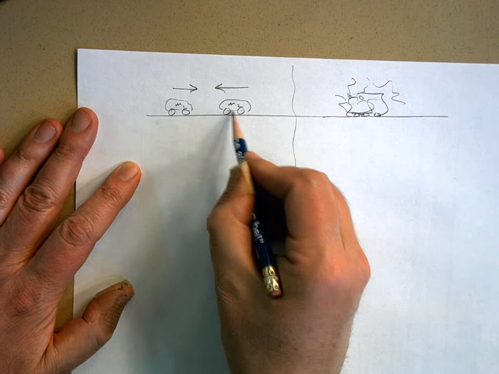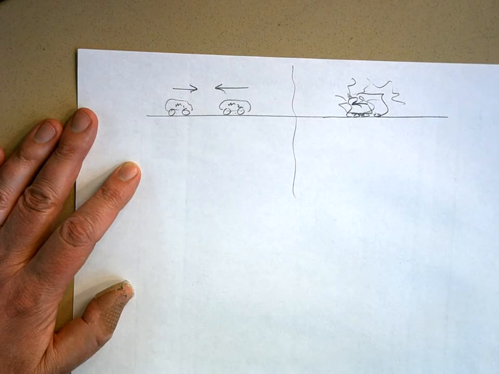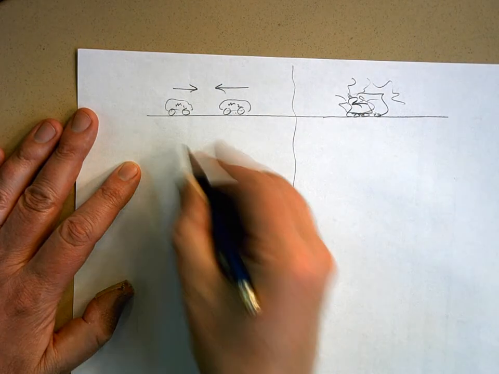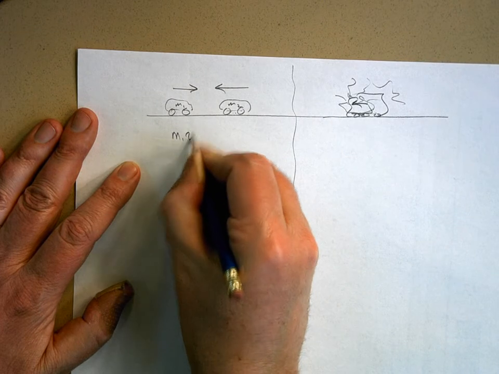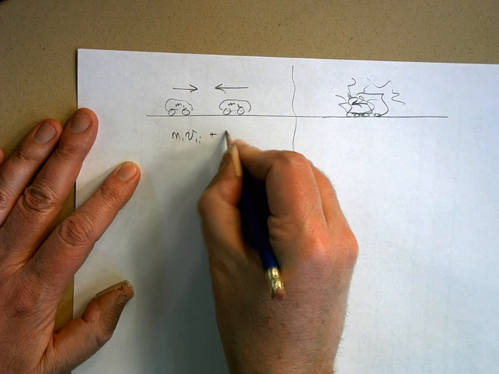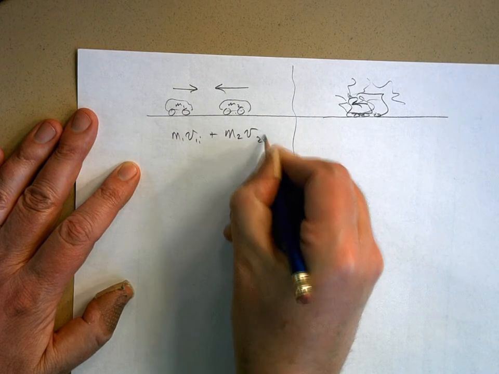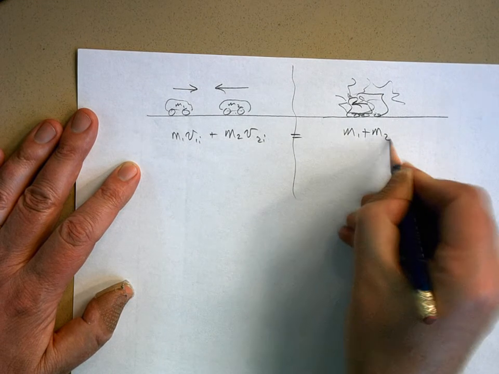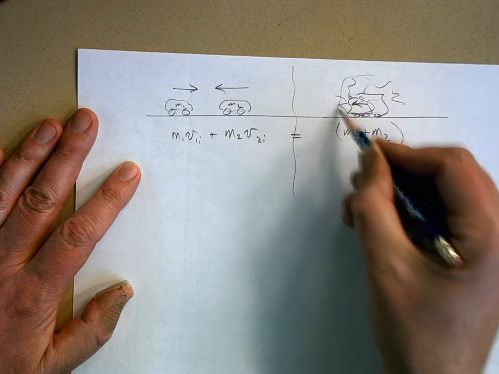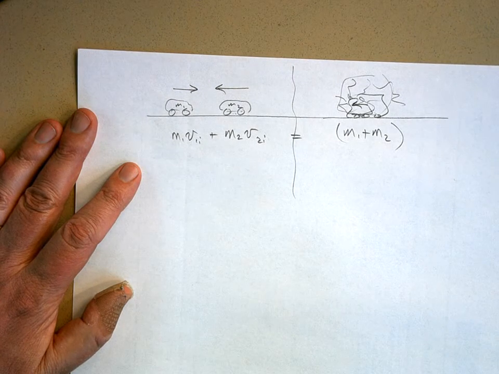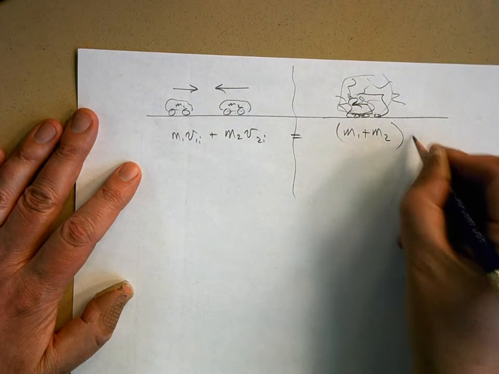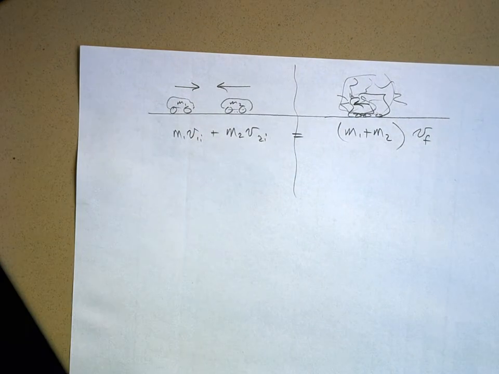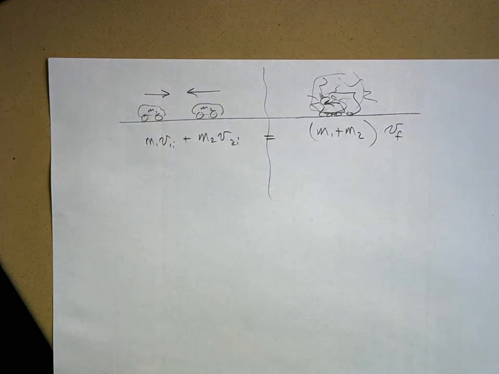Maybe this one has a greater mass, so maybe they're moving together like this. So you go M1 V1 initial plus M2 V2 initial equals M1 plus M2, right? All the mass is there. We're not going to let any parts fly off the car, the two cars, times V final. They have the same final velocity if they're stuck together.